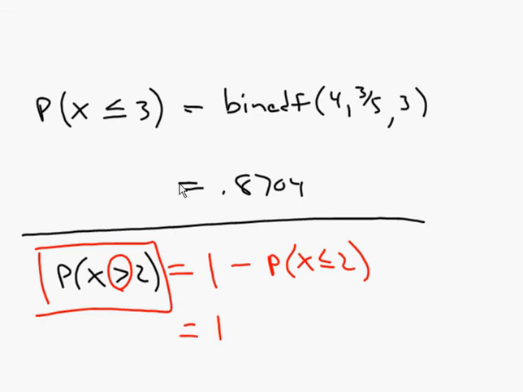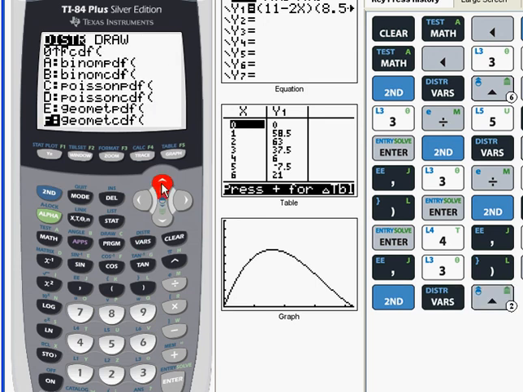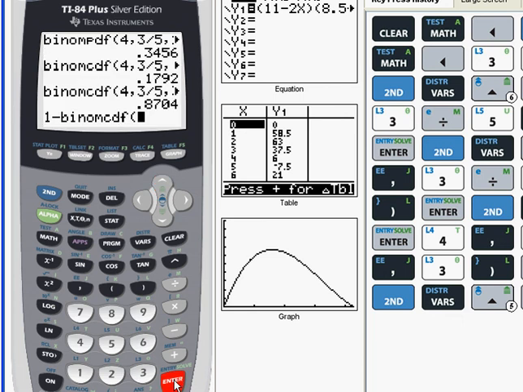This I can do in the calculator, because that's going to be 1 minus the binomial CDF of 4, 3/5, 2. Let's do that and practice real quick. So 1 minus second distributions, up to binomial CDF, there it is.